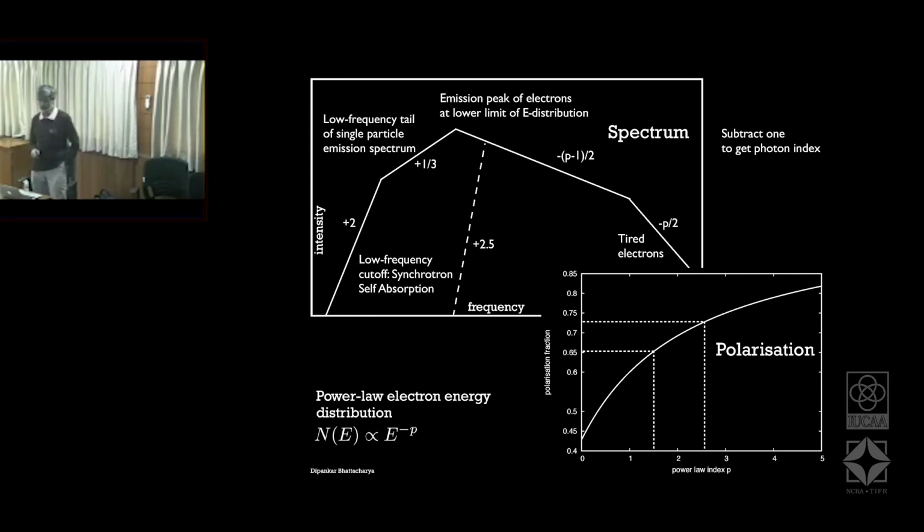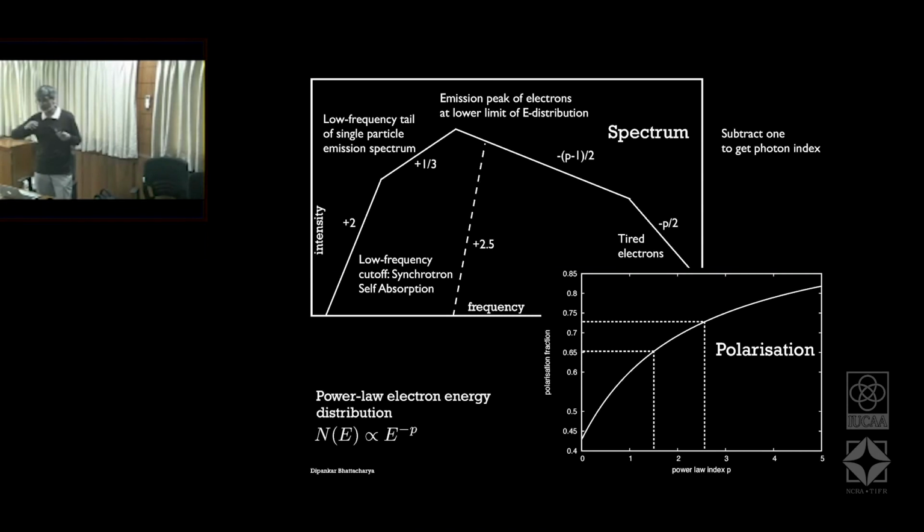Why? Because if the power law index is small, then at a given energy, you have more contribution from a larger range of energies of particles. Repeat once again. At a given frequency, you have contribution from particles over a larger energy range if the injected energy distribution is flatter.